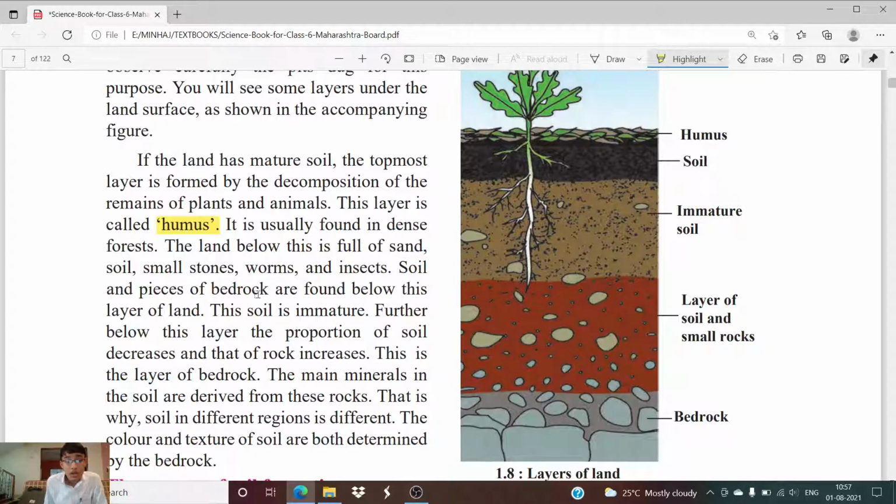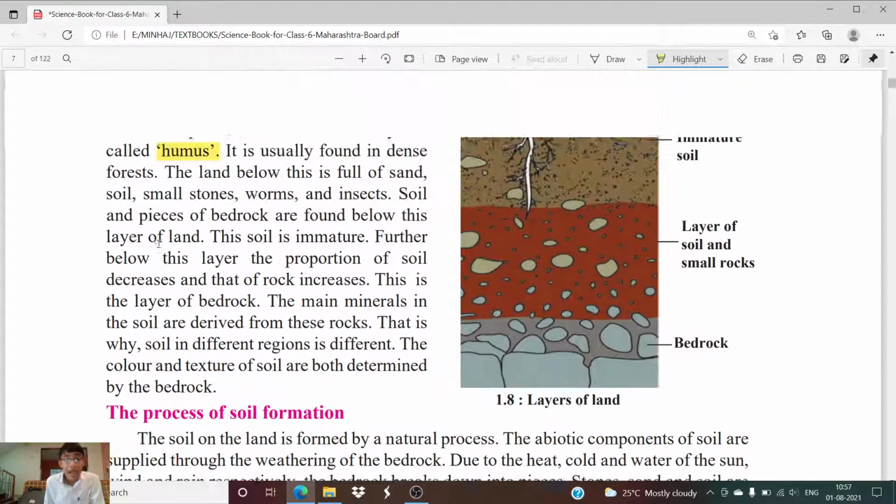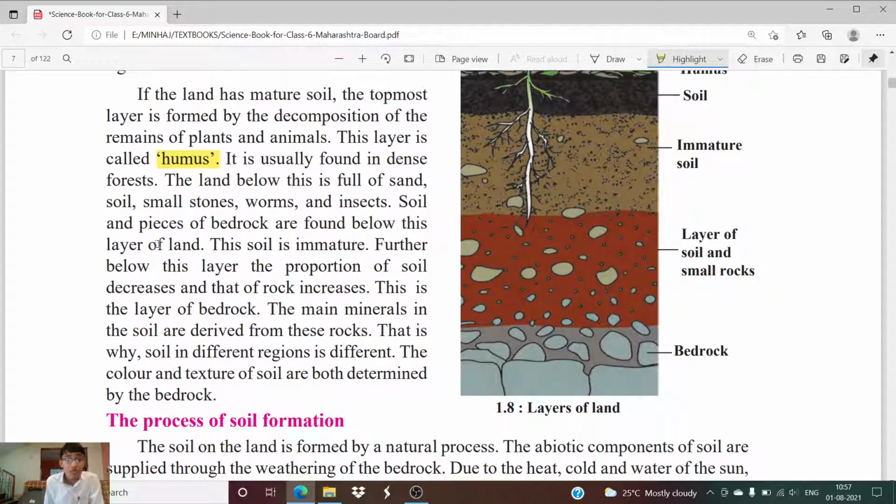Soil and pieces of bedrock are found below this layer of land. Below the humus we will see sand and small stones, and insects also survive inside this layer. And below this layer the soil which is present is immature soil.